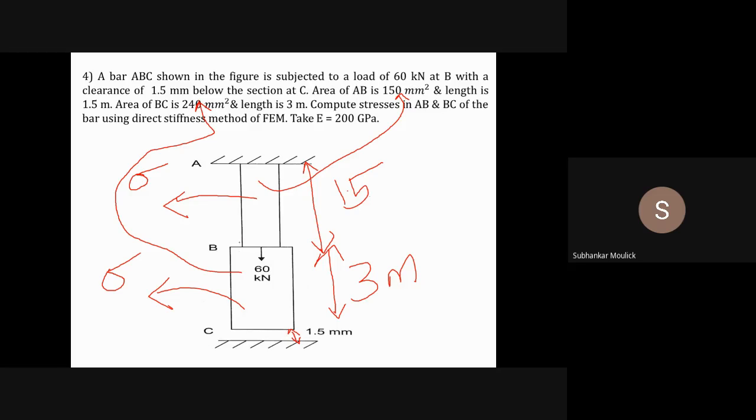It has also been told that at point B, the load acting is 60 kilonewton in tensile nature. That means the bar AB will elongate due to this 60 kilonewton. Is the question clear to all of you? Any doubt in understanding the question? No, sir.